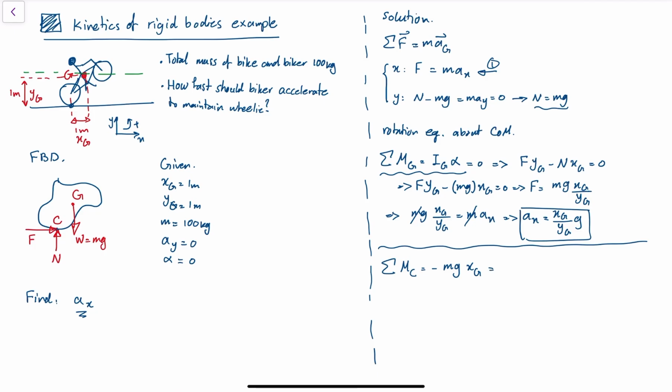And this one, I know it is related to acceleration, but because the equations are not about center of mass, I need to account essentially for the kinetic moment of acceleration of center of mass. So I still have IG times alpha, but I have to account for those two other terms.